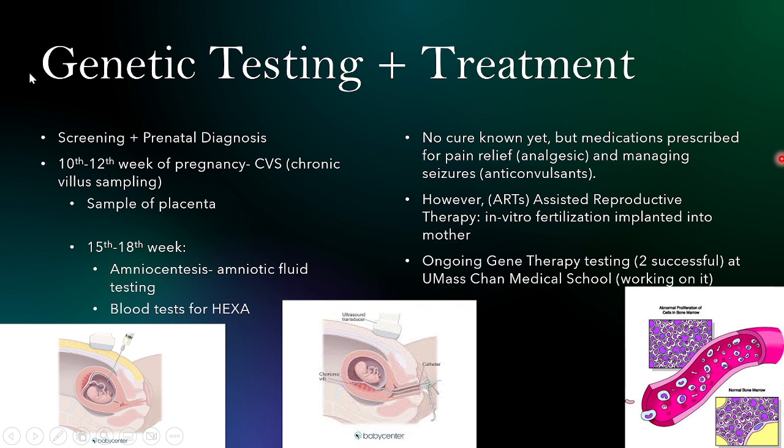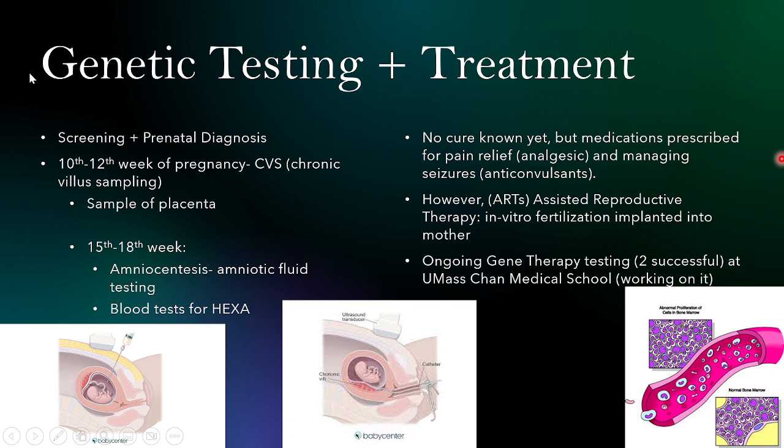Then around the 15th to 18th week, if they see that the baby has Tay-Sachs, they can do an amniocentesis where they take a sample of the amniotic fluid and test for that, or any blood tests as well. For treatment, there's no cure known yet, but there are medications to relieve pain and manage seizures.